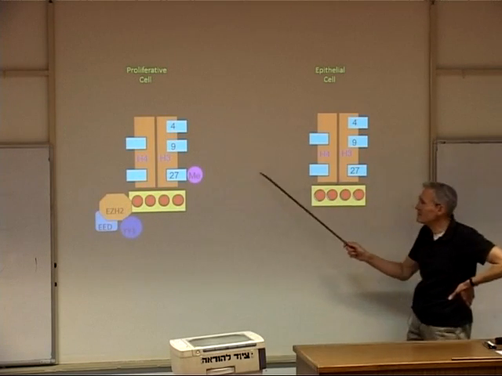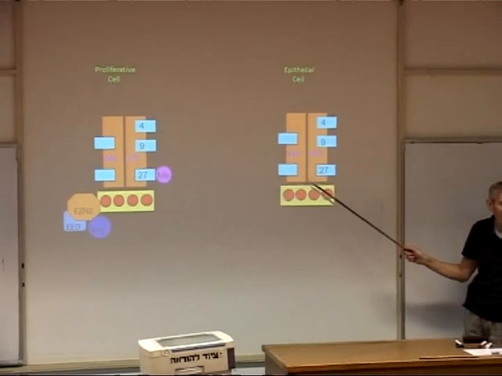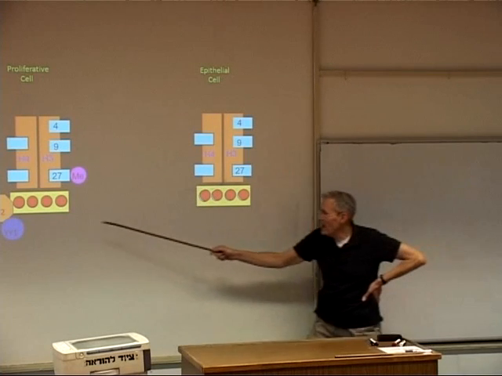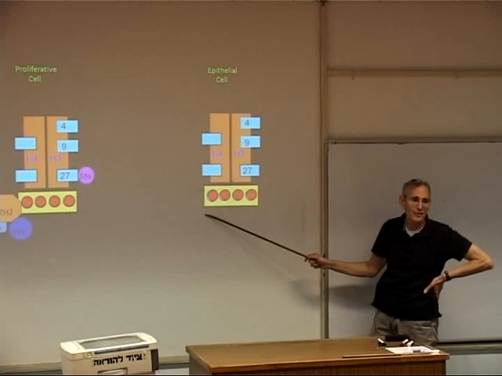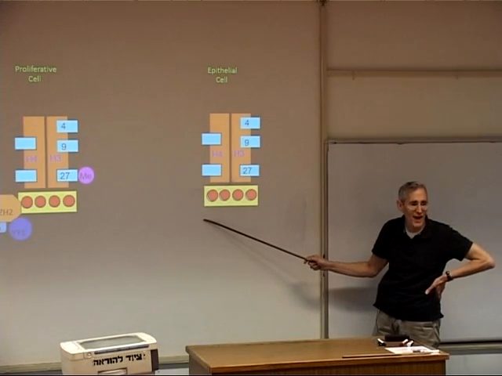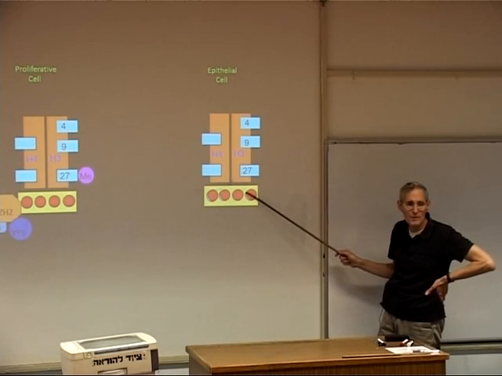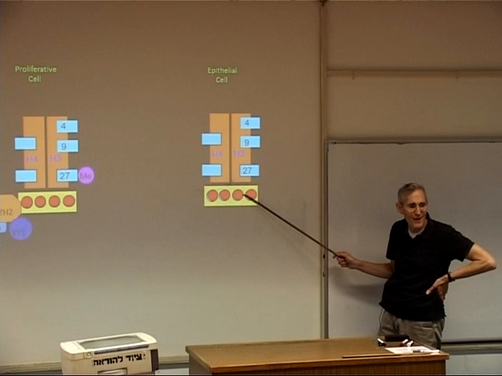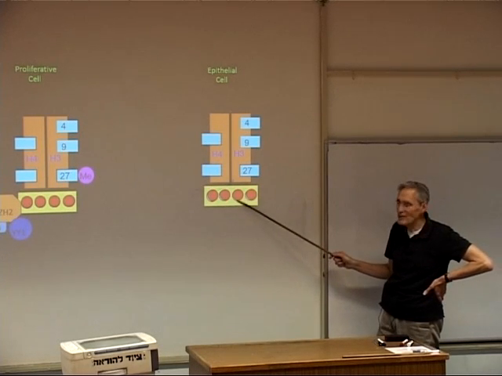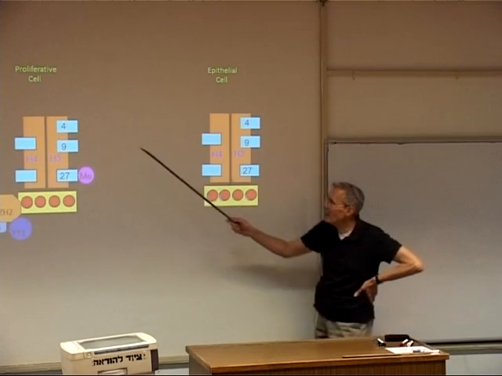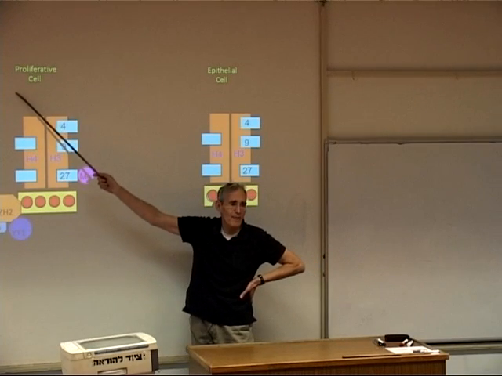But now when this gene tries to get activated, it may be able to take off the EZH2. Chances are it does. But because the promoter is methylated, it can't turn the gene on. And if it can't turn the gene on, it can't differentiate. And if it doesn't differentiate, it remains a proliferative cell.